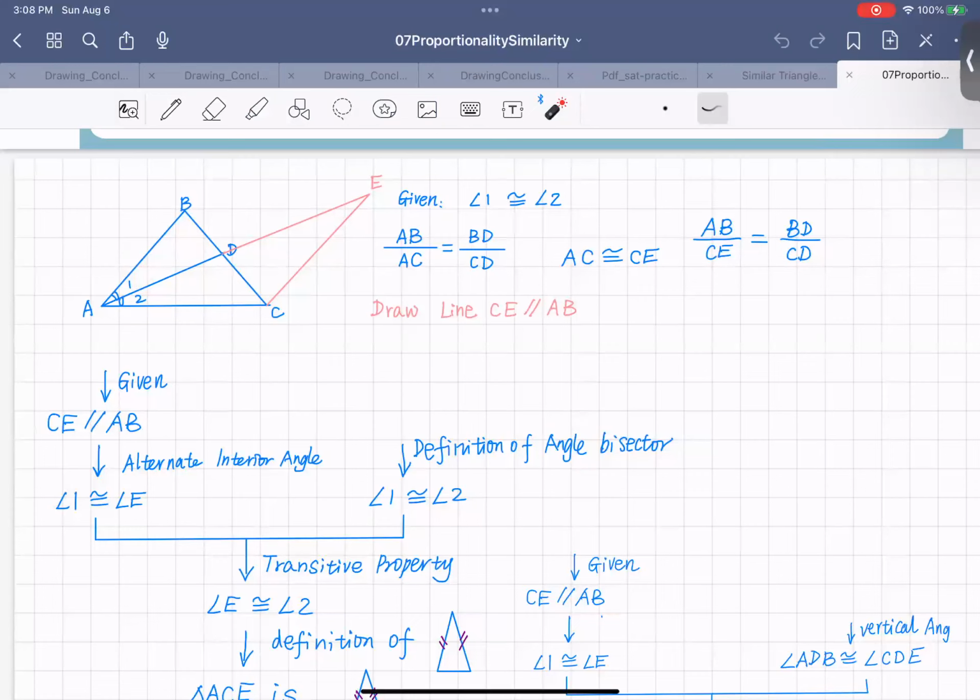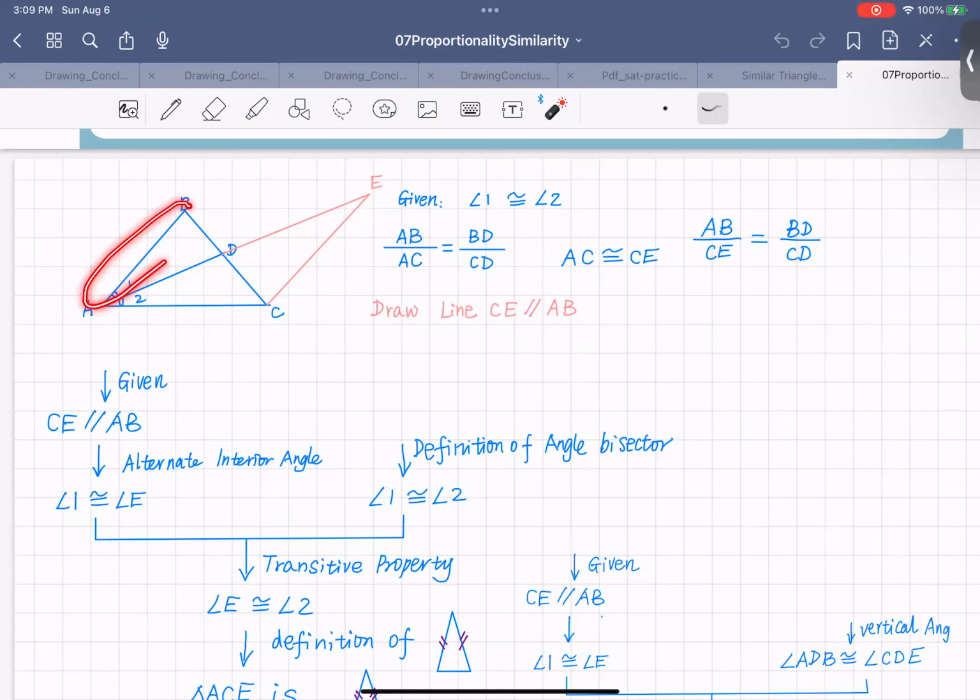Did you notice that? This equal, that equal, that equal. So these two triangles are similar triangles. Make sense? The interesting thing about similar triangles is that the corresponding side ratios are equal.